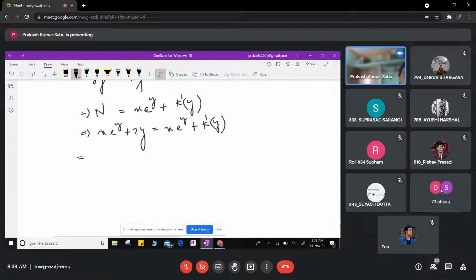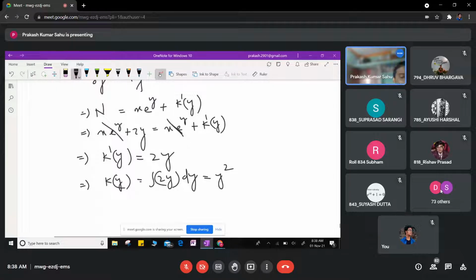So both sides x e to the power y will be cancelled out. So your k dash y is equal to 2y. If k dash y is equal to 2y, what will be the value of k of y? This is the integration of 2y, yes or no? And which is equal to y square.